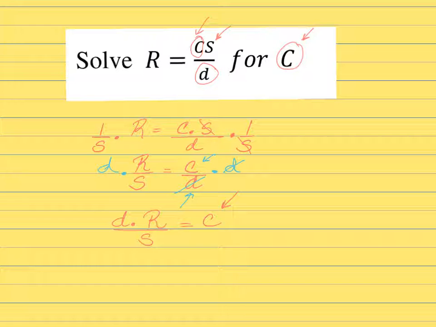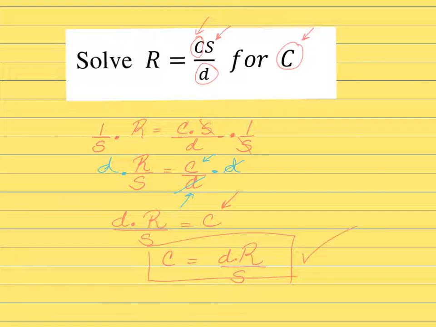It could be other terms when you are using variables, or it could be constants when your variable is affected by numbers. Okay, I'm going to rewrite this because I want to make this pretty, D times A over S. And this is my final answer. Okay? Questions?